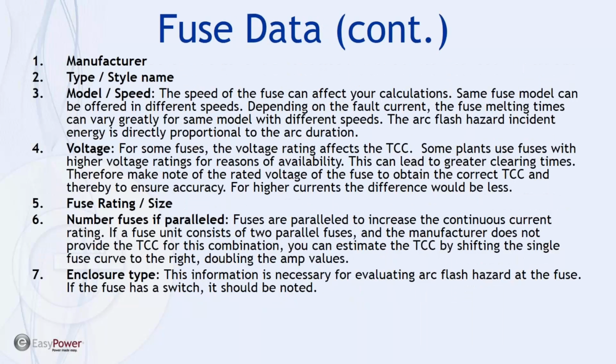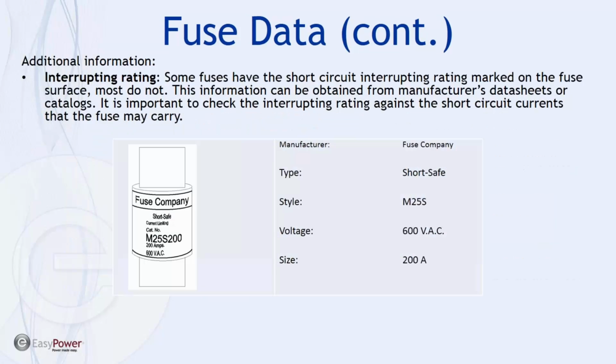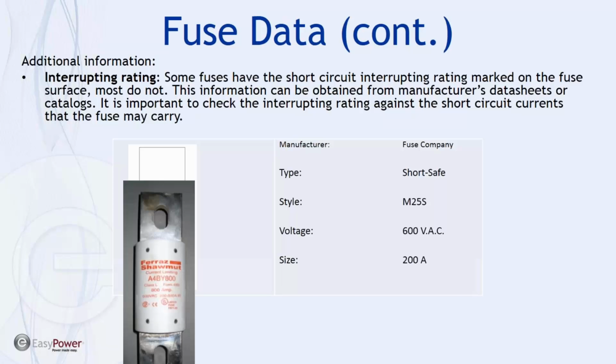So you're looking for the manufacturer, the type and style, the model, the rating, and the number of fuses if there's a number of fuses in parallel. And this is pretty much how fuses look in both low voltage and in some cases high voltage applications.